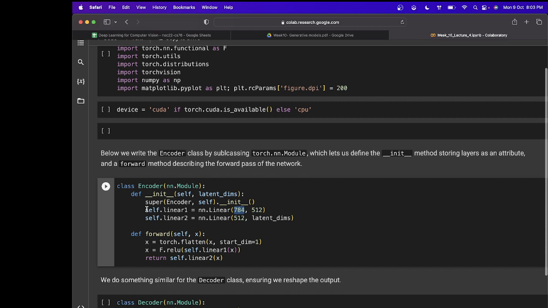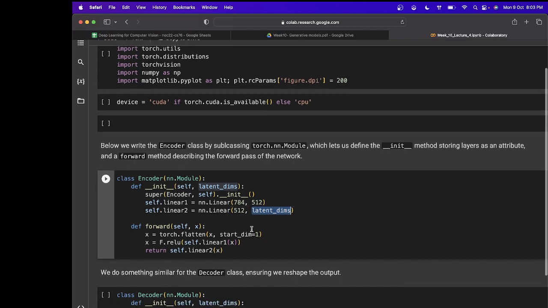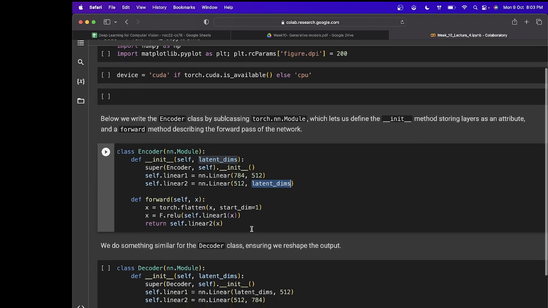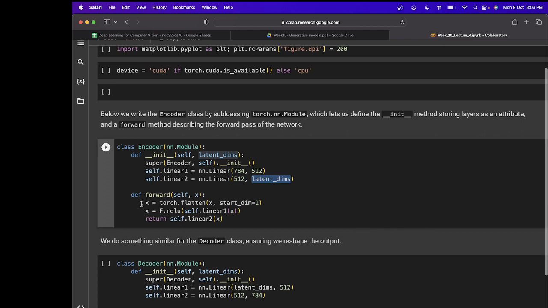So the encoder has two layers. One converts this 784 to 512, and the other converts the 512 to some latent dims. This is a variable that we have the choice of setting, right? Let's imagine this to be 128. So we are going from a 784 dimensional space through a small neural network to a 128 dimensional space, right? That is exactly what is happening in the forward function also.